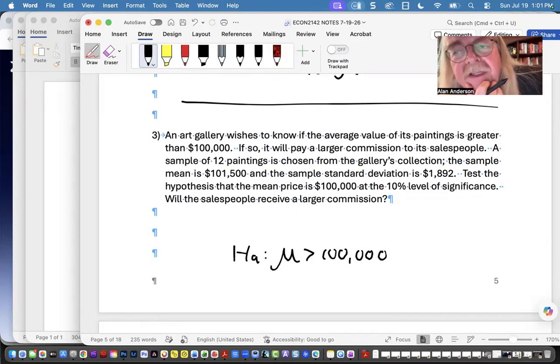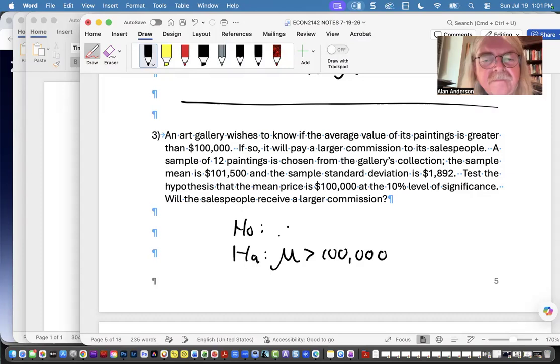Because if that turns out to be the case, they're going to pay a larger commission to the salespeople. So they're willing to do it, but they have to have hard evidence that it's necessary because the mean is actually above 100,000. So it means that their profits are higher than they realized, and the salespeople should share in some of that. Okay. So this is indeed a right-tailed test.